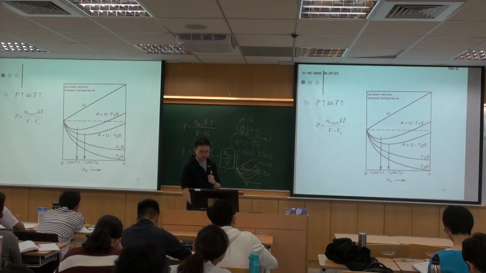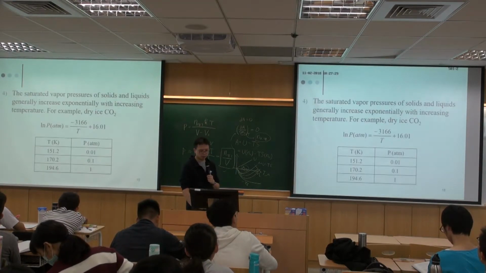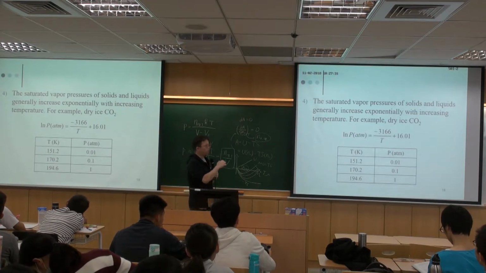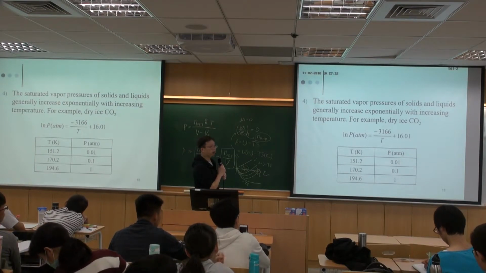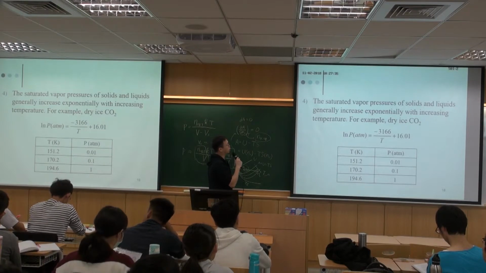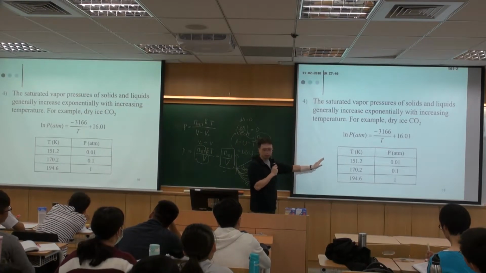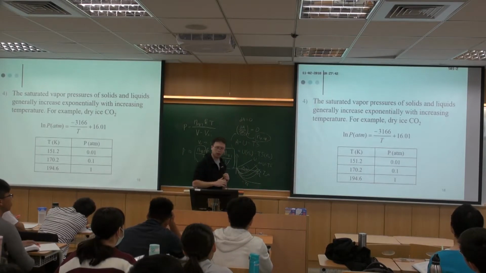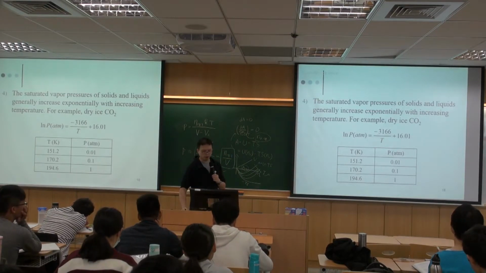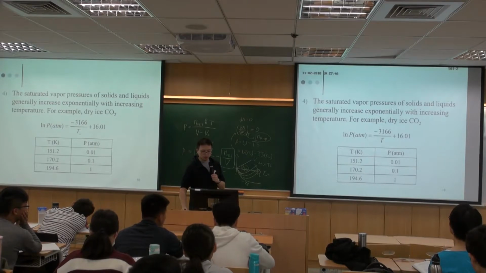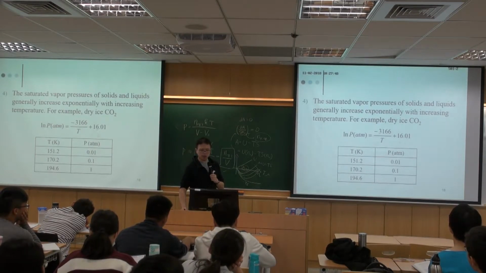So this is what I just mentioned. And typically, that trend can be approximated by an exponential expression. Therefore, log P, the natural log of the saturated vapor pressure, is related to the inverse of temperature plus some constant.